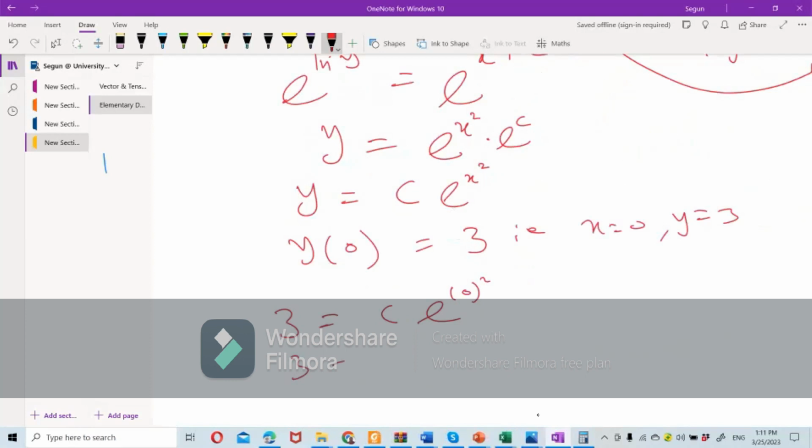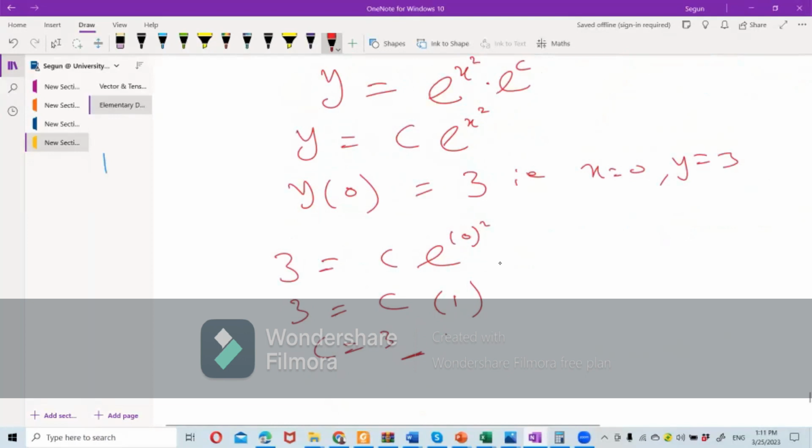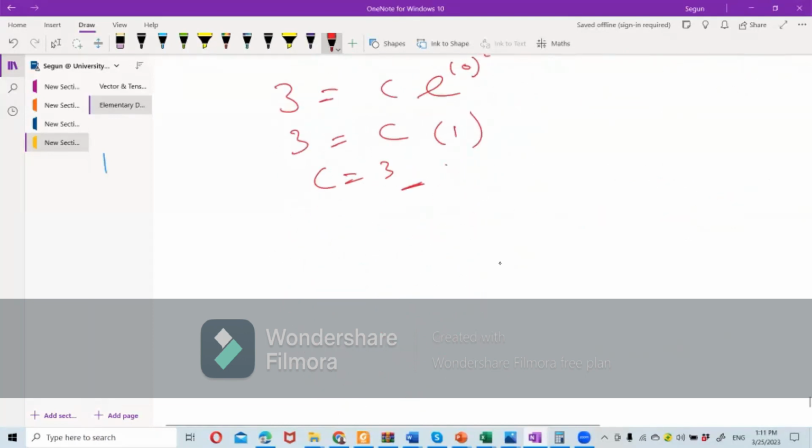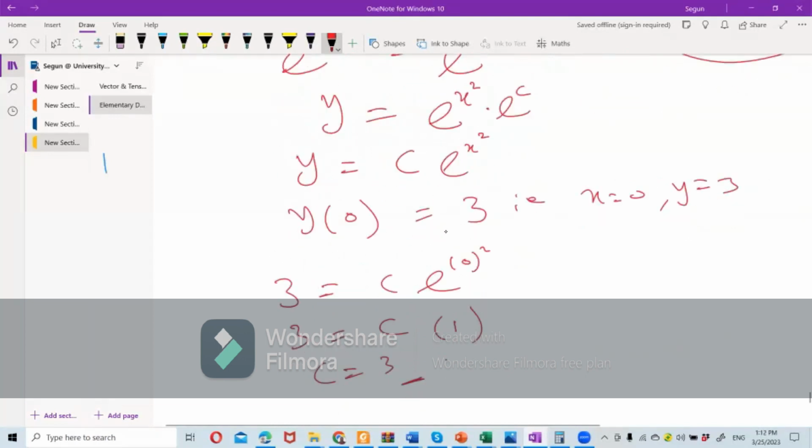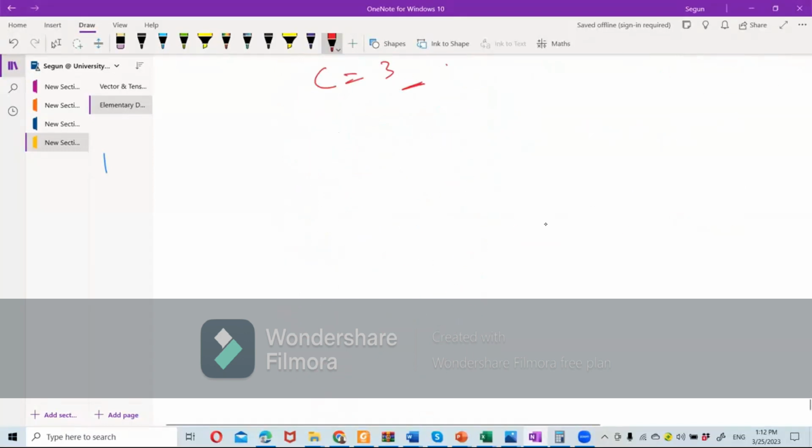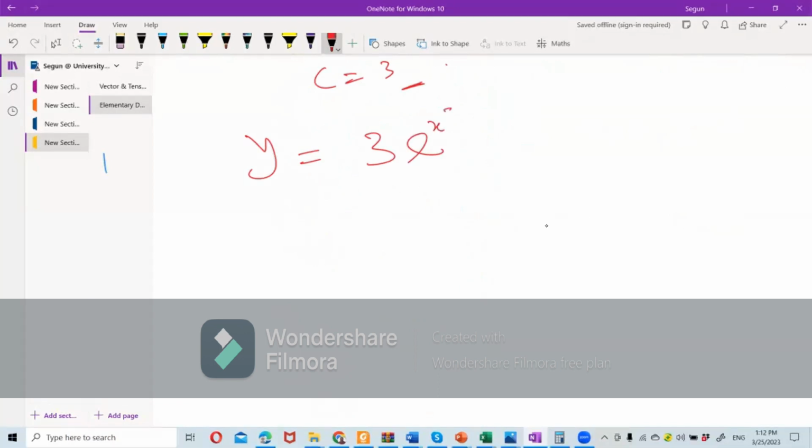So 3 equals c into 1. So our c is equal to 3. Then I go back to my equation and substitute. I will just write y equals 3 exponential x squared. This is your IVP solution.